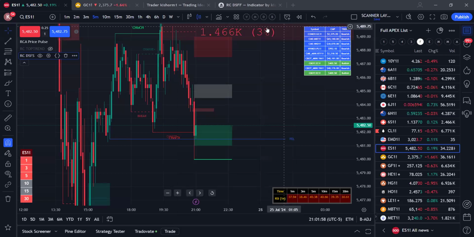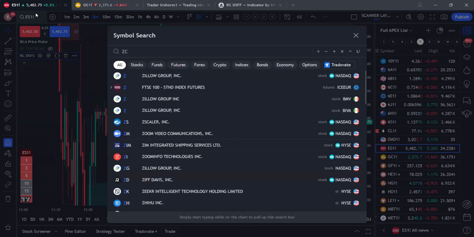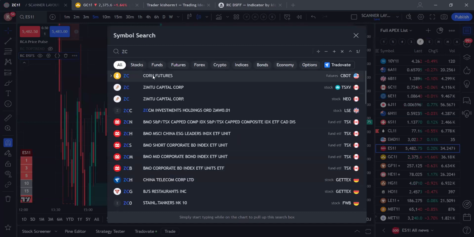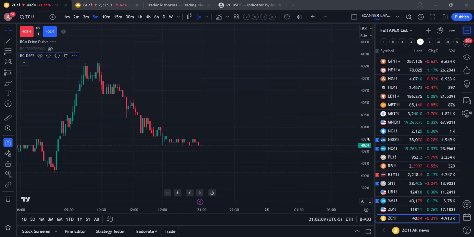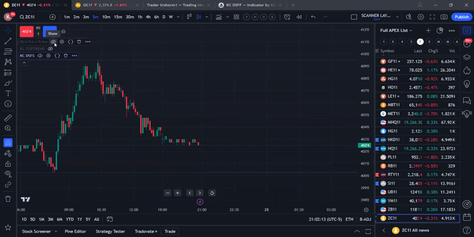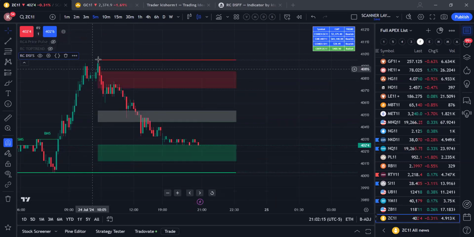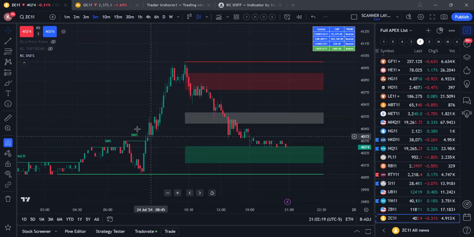Now let us look at ZC1, which is corn. So it is also giving an indication that overall corn is in a bullish trend. There is a pullback.